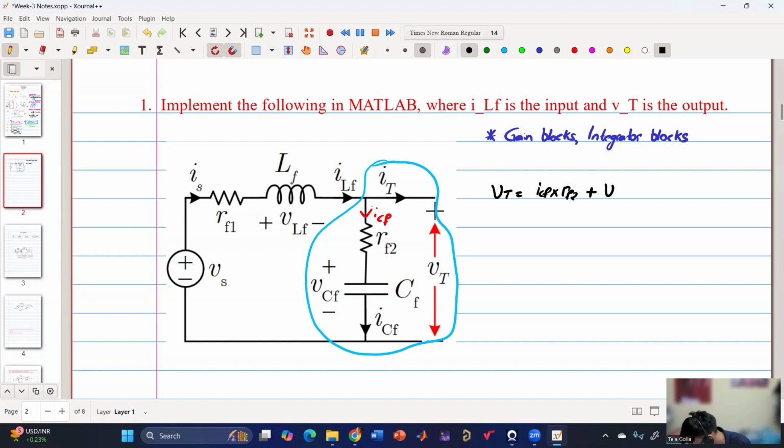Yes. So now we got one relationship where ICF is our input and VT is our output. But VCF is something we do not know, and it has to be a function of ICF. So what is the relationship between VCF as well as ICF? 1 by CF integral. Yes. So VCF is nothing but 1 by SC into ICF, right? So we'll have VT equals ICF into RF2 plus 1 by SC into ICF, right?